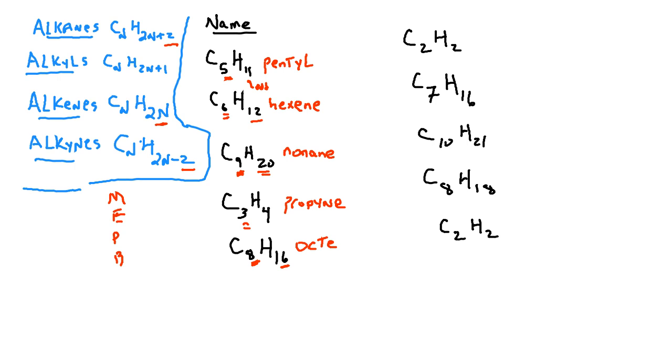Remember, 2 is eth. 2 times 2 is 4, but when you subtract 2, you get 2. So 2N minus 2, this is ethyne. Okay. Here we have 7. 7 is hept. 2 times 7 is 14, plus 2 is 16. So that's an alkane. So this is heptane.